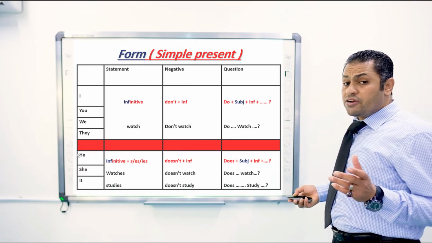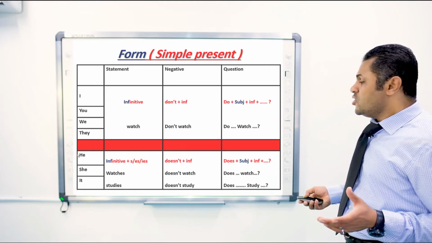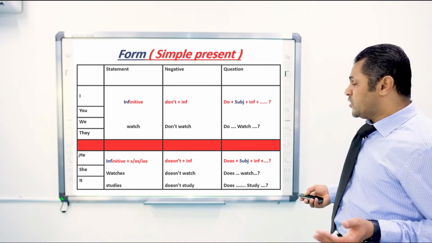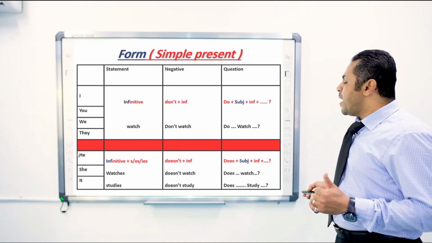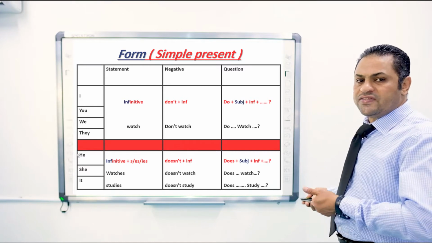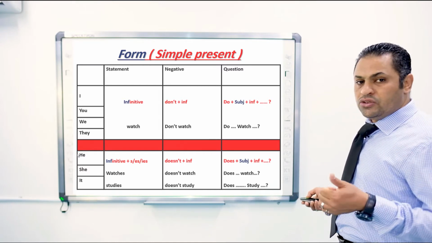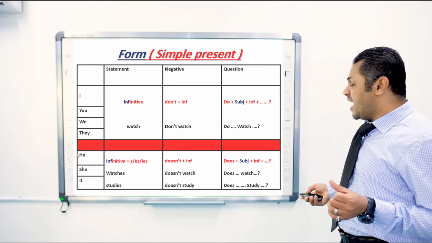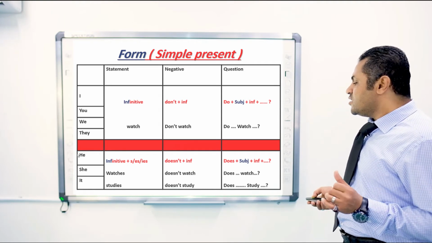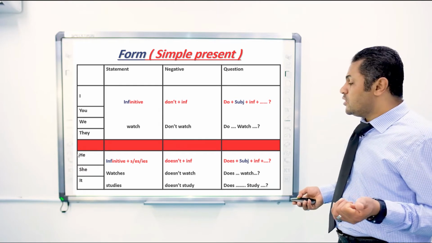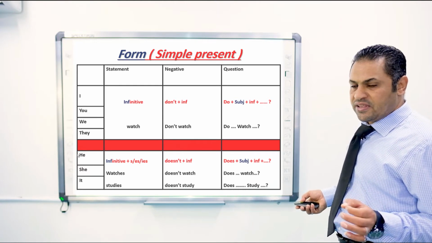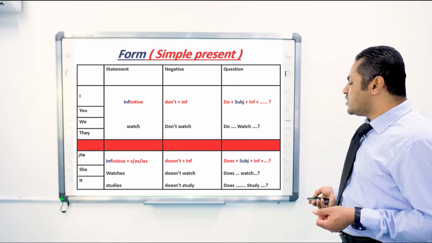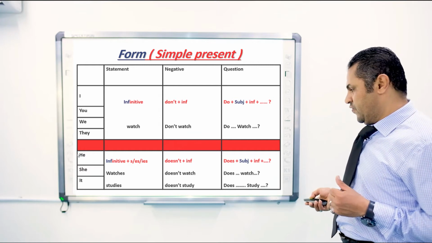With singular subjects, he, she, and it, we add s, es, or ies in the statement, but for the negative, we use doesn't, but we get the verb into its infinitive. So doesn't with infinitive, such as doesn't watch. Here in a statement, it was watches with es, but in the negative, we use doesn't and omit the es and get the verb back into its infinitive.